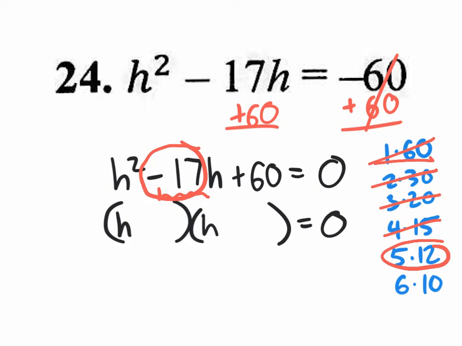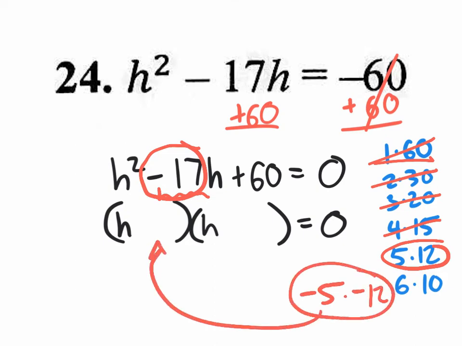So we're just going to change the signs, and we'll have the right pair of numbers, a negative 5 times a negative 12. This is the pair of numbers that we want, and that's what we're going to plug in right here and right there. So h minus 5, h minus 12 is the correct factored form. Maybe I shouldn't draw these arrows because I need to show my work to solve the equation.